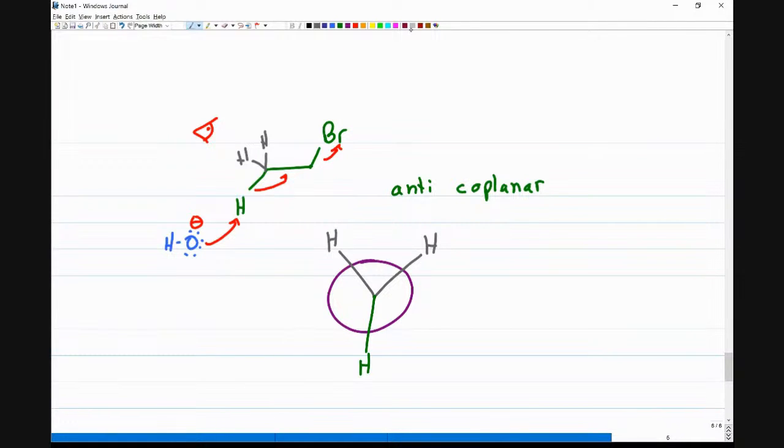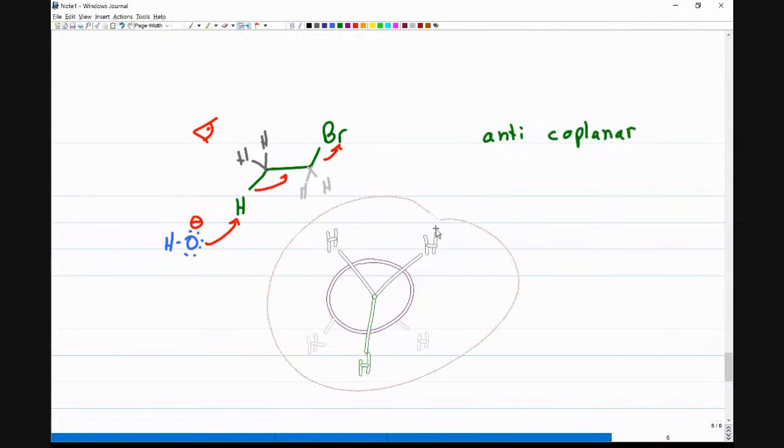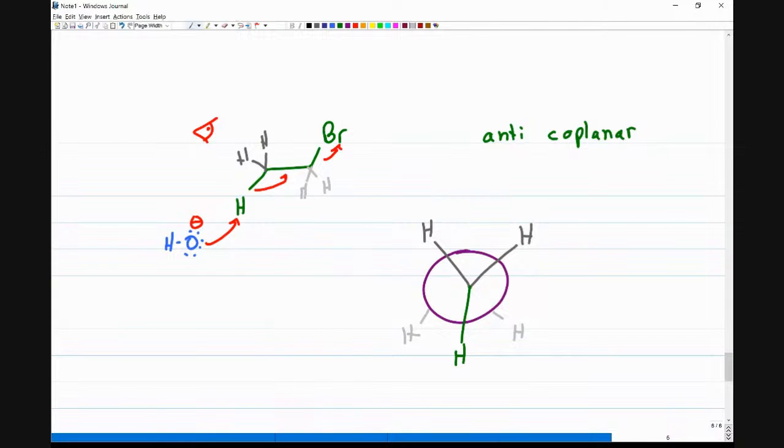Let's also give this one two lighter gray hydrogens. So that means hydrogen here, hydrogen here. I don't know why I'm not giving myself more space. It's not like I'm wasting paper. And then what I have in the back is that bromine here. Do you see how they are perfectly lined up? My hydrogen and my leaving group have to be perfectly lined up. So you have to line up your H and your leaving group.